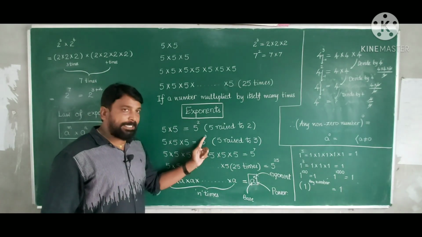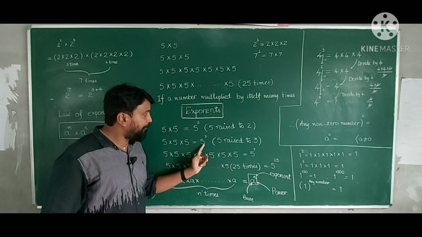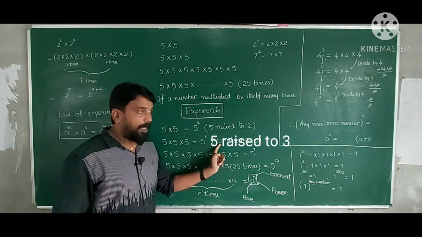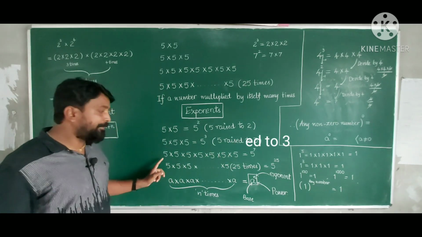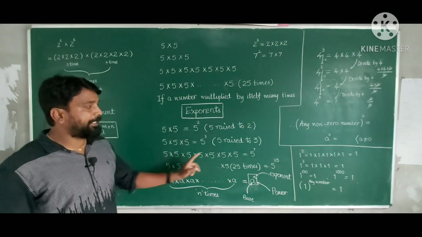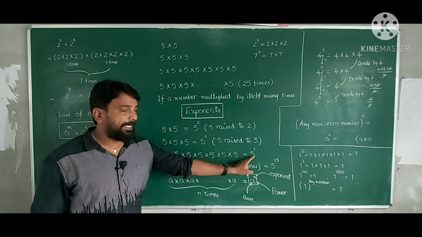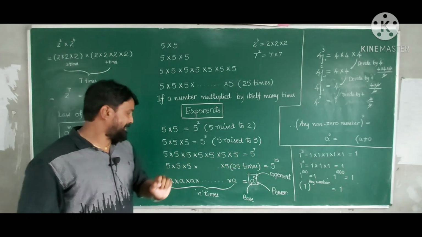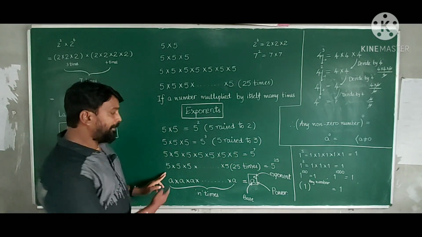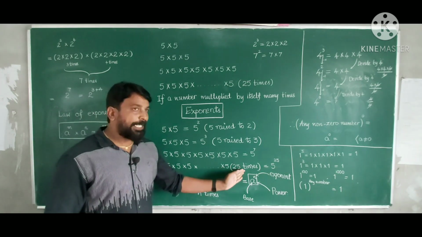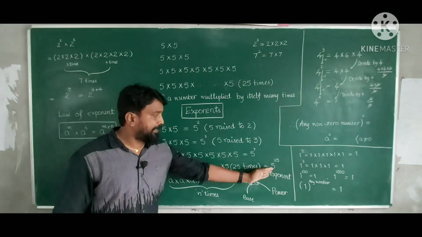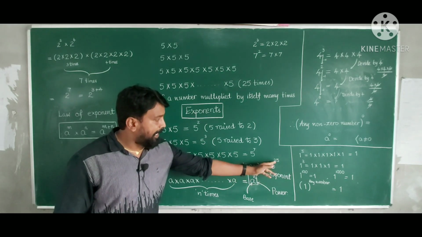It can be expressed as 5 power 3. It is also known as 5 raised to 3. In a similar way, 5 into 5, 7 times, we will take 5 power 7. In the same way, 5 into 5 into 5, 25 times, is written as 5 power 25.